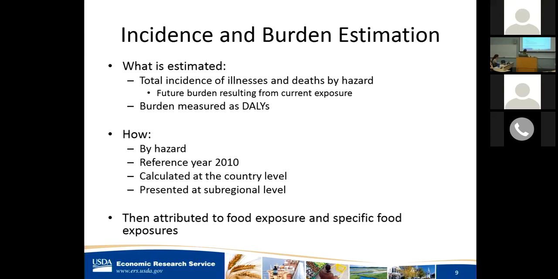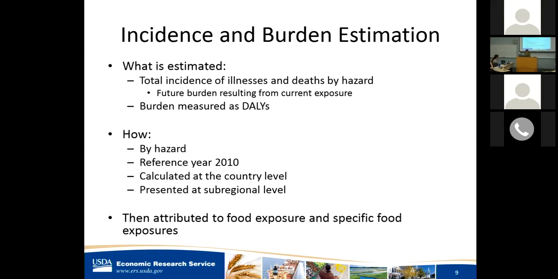We use a reference year of 2010, so these numbers should be interpreted as what was going on in 2010, although the data that's drawn on is much more diverse than that. And the estimates are available at the country level, but what are generally presented in the public are at a global subregional level.